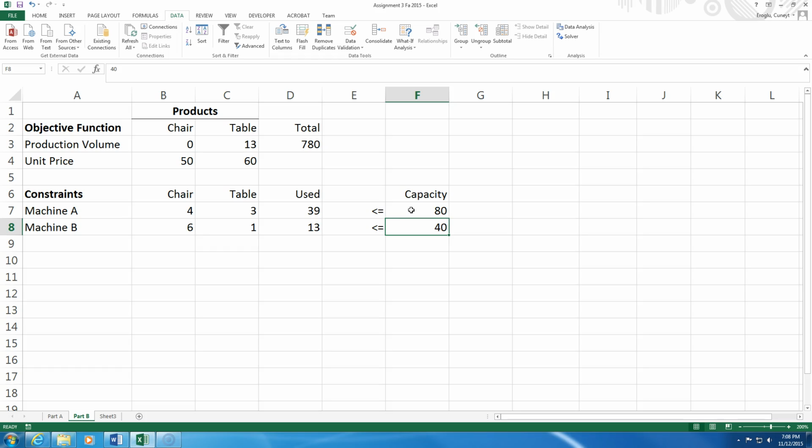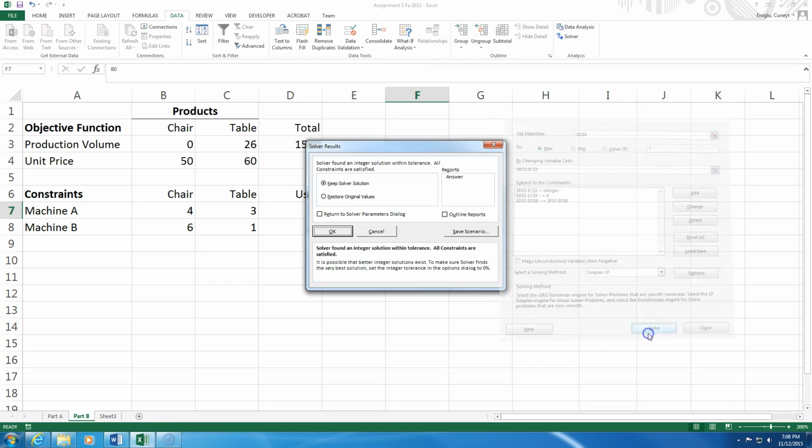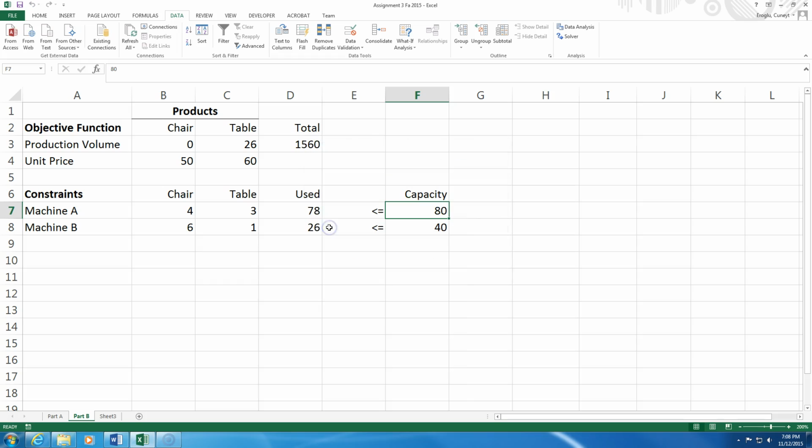Okay. Let's try to optimize again, and this time the capacity of machine A has doubled. Everything else stays the same. Click solve. Okay. Now we have more than almost, we have doubled.